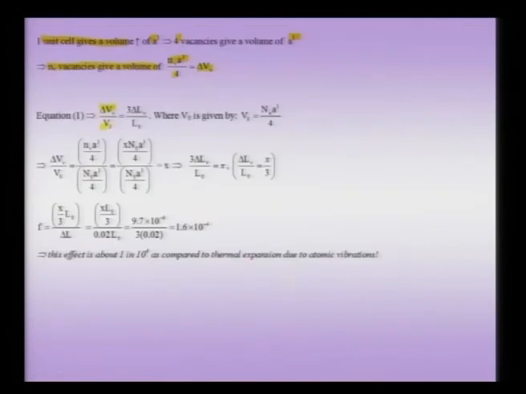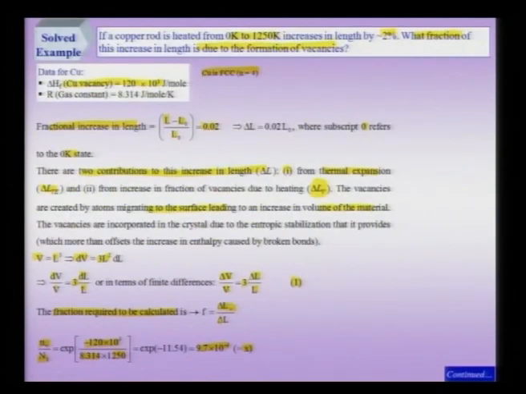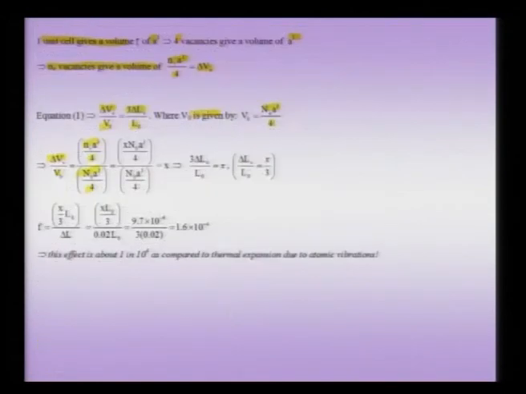We have already seen from the previous equation 1 that delta V by V0 is 3 delta LV by L0, where V0 is given by N0 A cube by 4, where A cube by 4 is the volume of a single unit cell's share per atom, and N0 is for a mole of atoms. So, delta V by V0 is NV A cube by 4 divided by N0 A cube by 4.